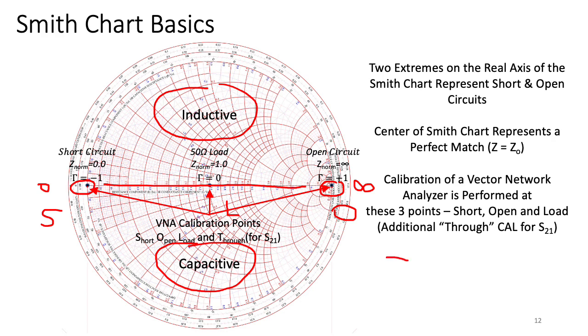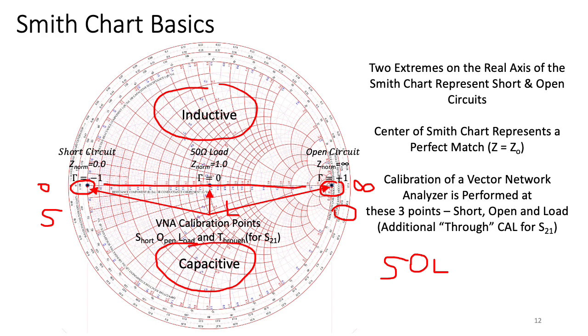What you'll see is a short, open, load calibration occurs when I place a short circuit on the output of the network analyzer and measure what the gamma coefficient is. I place a 50 ohm load at the output of the port and look at where it falls on the Smith chart. Hopefully that falls in the center.